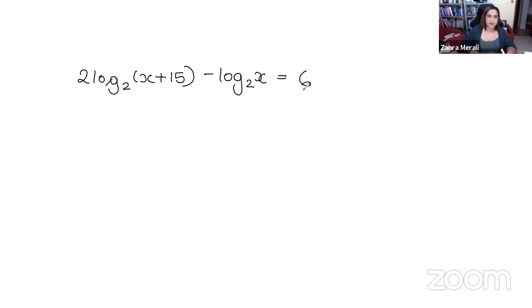So we can see that on the left-hand side, the base is the same. So we're going to go through those steps to combine things. So step 1, we'll be bringing that 2 up as a power. So we're going to get log 2 of x plus 15 squared.